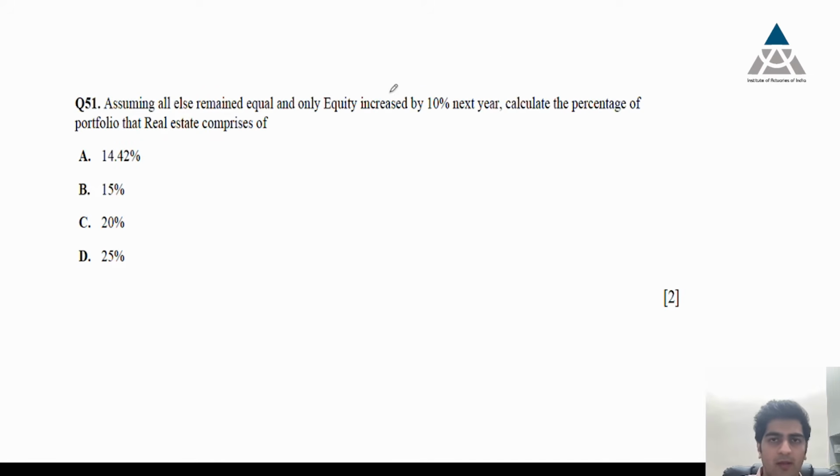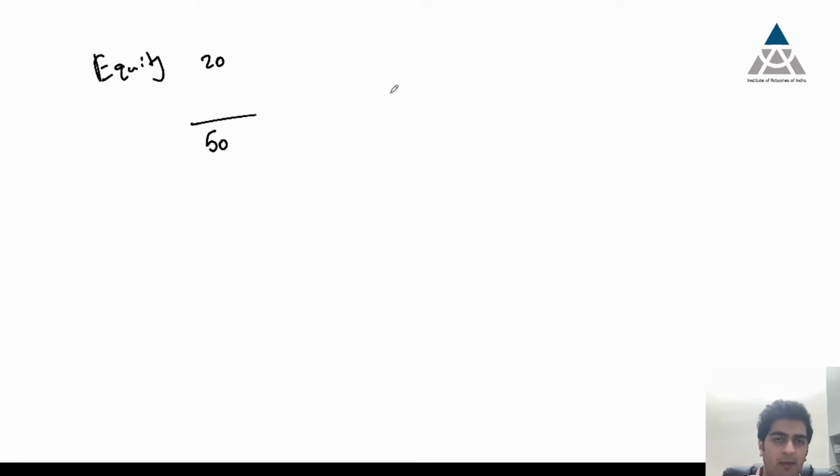So let's carefully evaluate. Your total portfolio is 50 lakhs, out of which equity we calculated above is 20 lakhs. Now this equity increases by 10% next year, which means your equity becomes 22 lakhs.